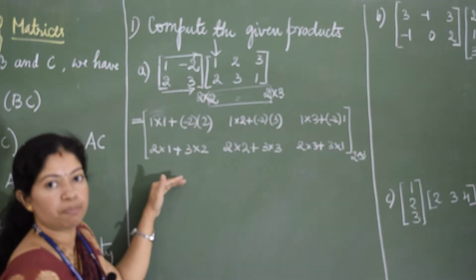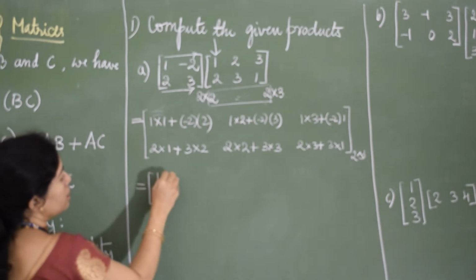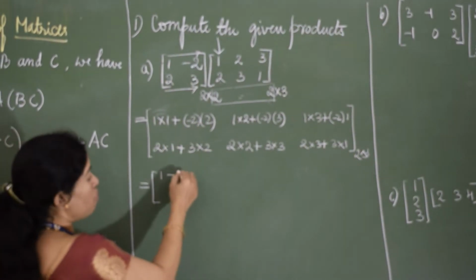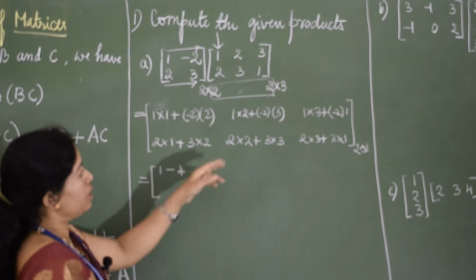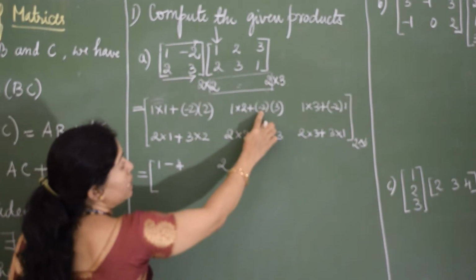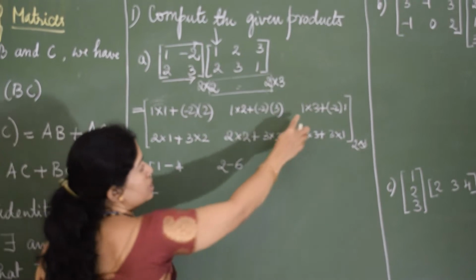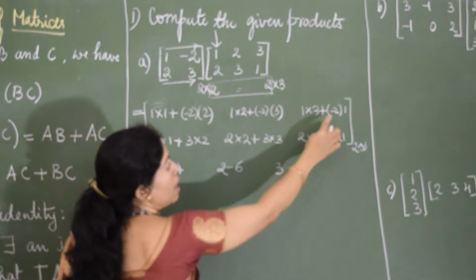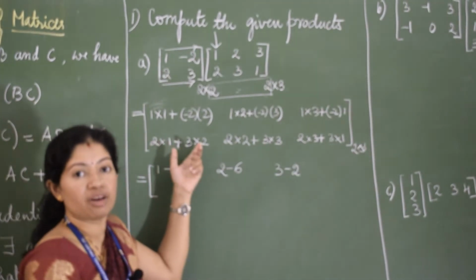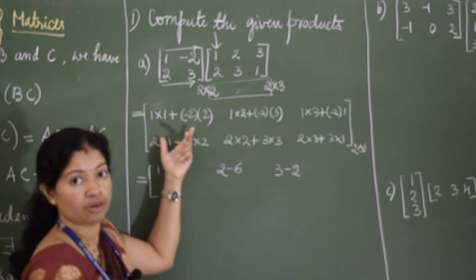Next, let us simplify this. So this is equal to 1 into 1, 1. Minus 2 into 2 is minus 4. Next, 1 into 2, 2. Here minus 2 into 3 is minus 6. Next, 1 into 3, 3. Minus 2 into 1, minus 2. Be careful with sign. You have to do these calculations very carefully.